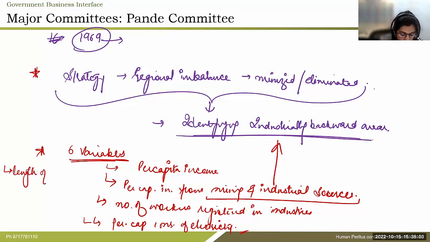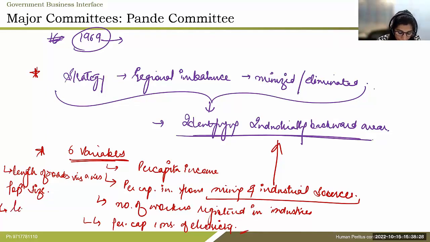Such infrastructural facilities are also considered as criteria. Length of roads vis-a-vis population size. What is the population size, and then what is the length of the roads? Such criteria are considered to decide an area to be backward or advanced.